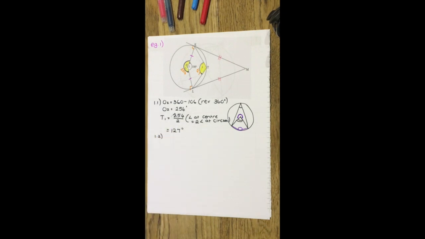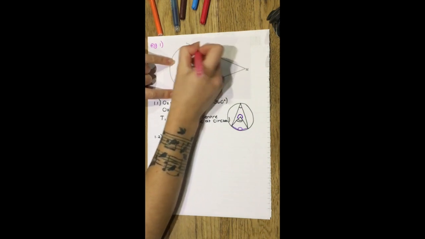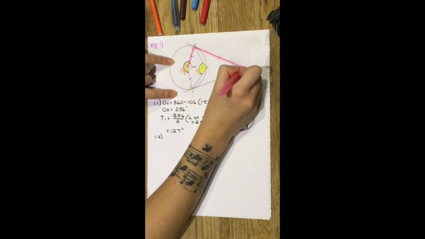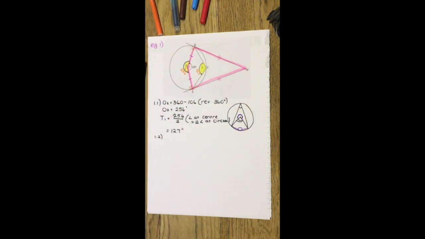Now 1.2 says, prove that quadrilateral OKML is a cyclic quadrilateral. I'm going to highlight it just to make our lives easier. This is what they want you to prove is a cyclic quadrilateral.